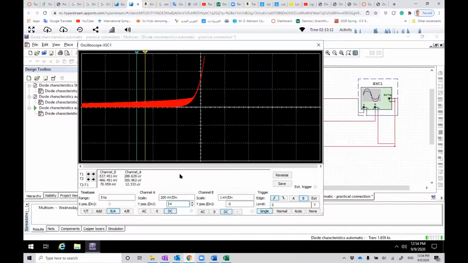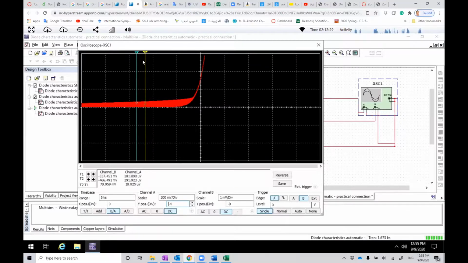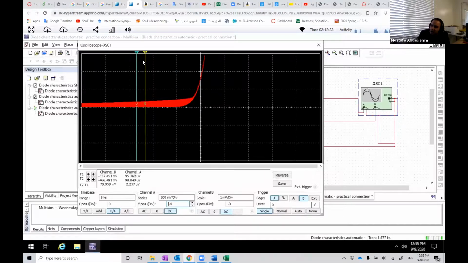The problem I'm having is I'm used to using the cursor, so I do y2 minus y1 over x2 minus x1, and I get... You mean by the cursors these two markers? Yeah. So don't use them. I know how to use them in YT mode, which is the normal, conventional mode of the oscilloscope.